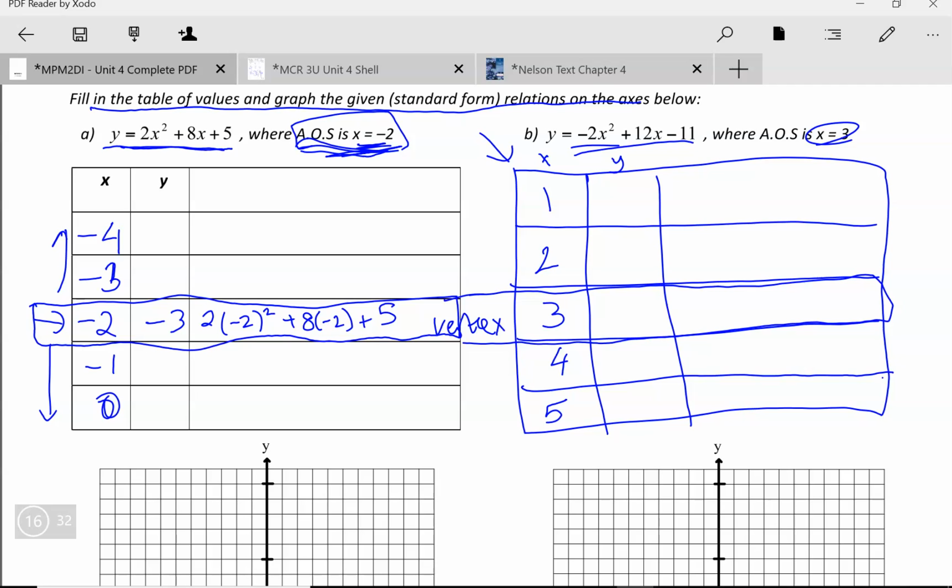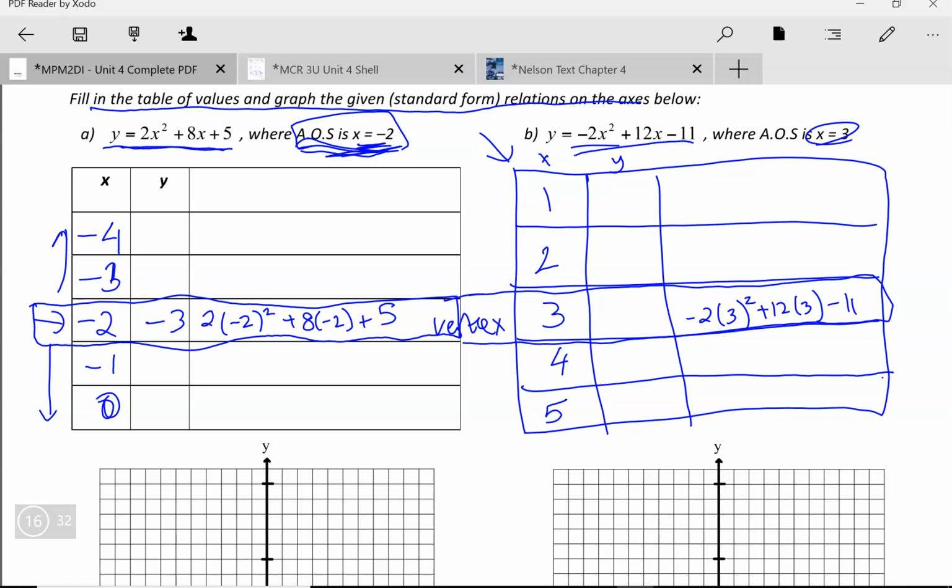I'm just going to make sure I'm doing this right. And similarly, I'm going to find the y value for here: -2 times 3 squared plus 12 times 3 minus 11. I know this is not really the way that it's done in the table, but I'm not sure whether you're using the shortcut yet to solve it.